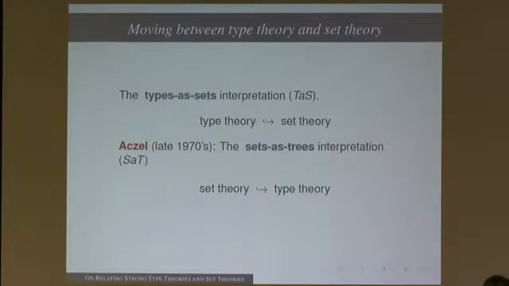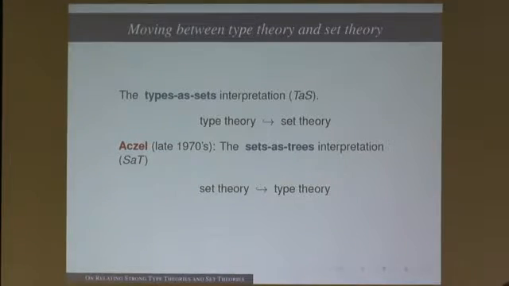But there's also another way around, and you can embed set theory into type theory. This was engineered by Aczel in the late 1970s. And this is the sets as trees representation. So the sets are represented as trees in type theory.